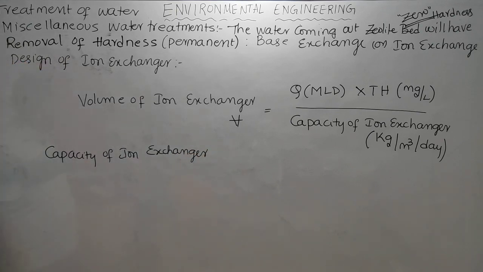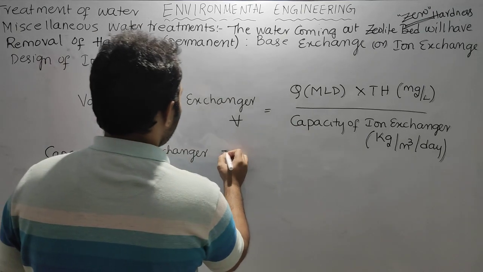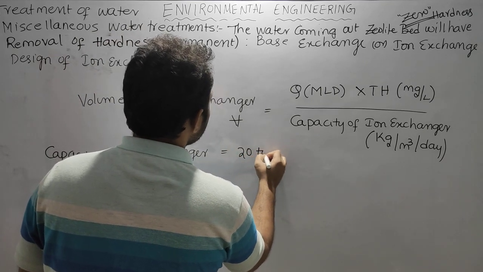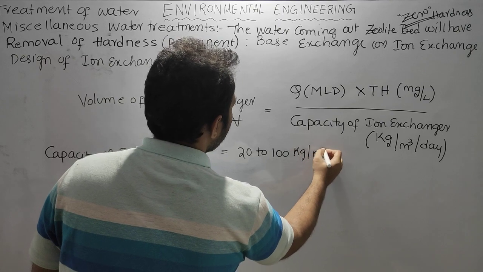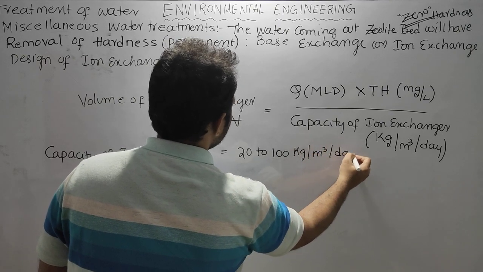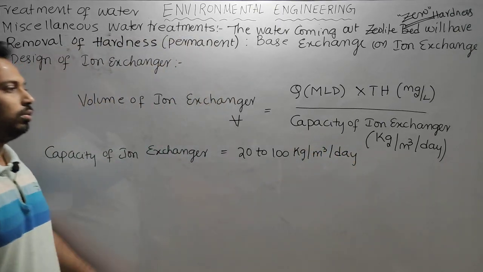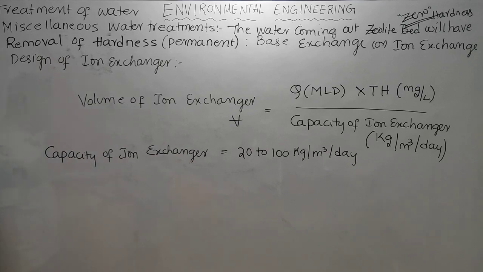Generally the capacity of ion exchanger varies in between 20 to 100 kg per meter cube per day, general value. They will give you the value of the capacity of ion exchanger in the examination.